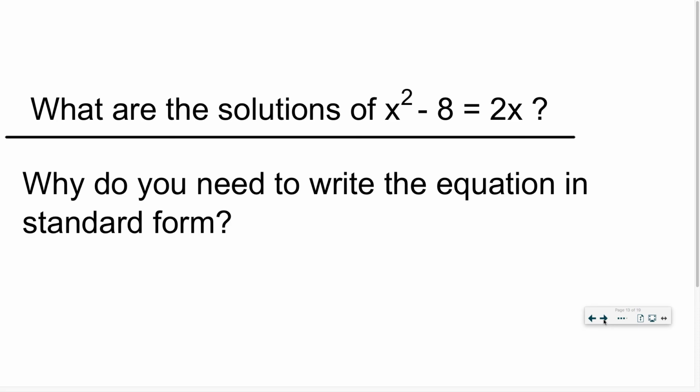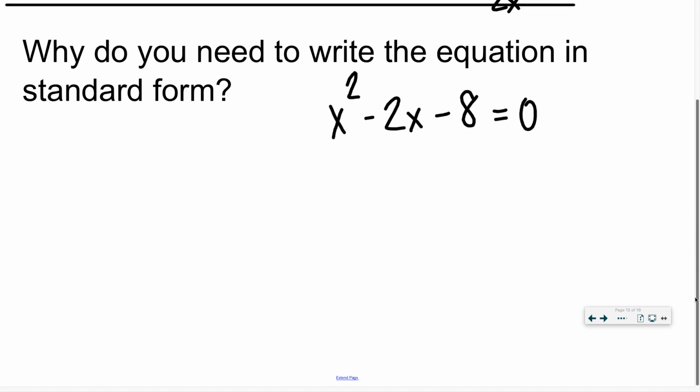How would I put that in standard form? Subtract the 2x. Yep, I can subtract the 2x, and how would I write the left side of my quadratic? x squared minus 2x minus 8 equals 0. So what is my a value, my b value, and my c value? a is 1, b is negative 2, c is negative 8.